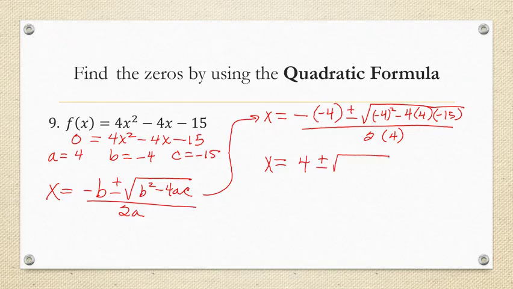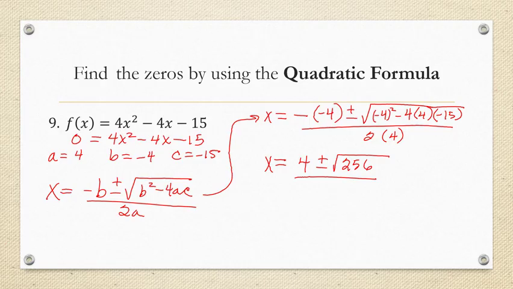You can go ahead and punch that whole thing in. I'm not even sure what that is, so use a calculator. Negative 4 squared, minus 4 times 4 times negative 15. And you should get 256.